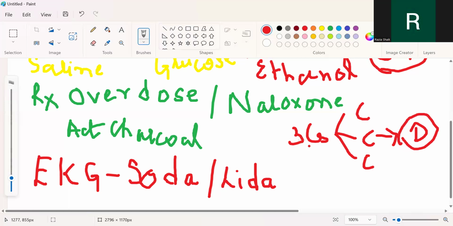All right. Why do you think the patient went into a seizure? Because there is a very interesting mechanism behind the TCA overdose.